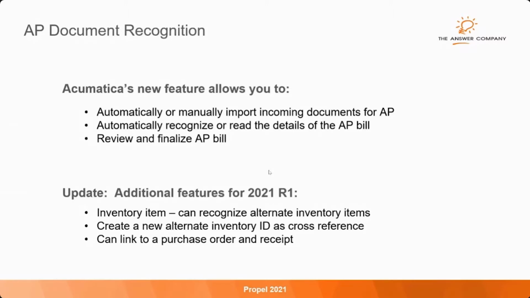Or if you haven't got that created, the system will allow you to create that alternate ID as you're entering the invoice. In this version, you can also link this to a purchase order or a receipt and be able to complete your bill through that. Now, I'm not going to show that today as I am not working on the latest feature, but we'll show you the overall process so that you can get an idea of what this AP document recognition feature is all about.